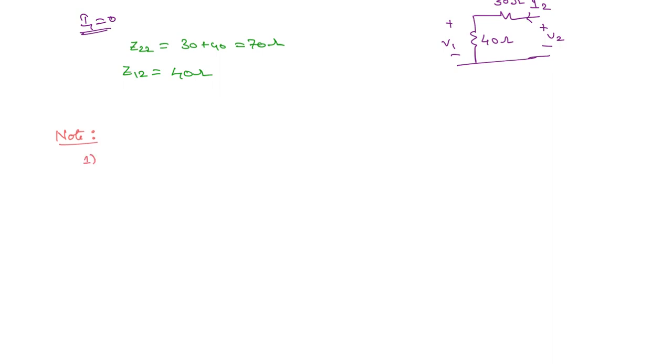The first point here is if you have an impedance like this, let the impedances be ZA, ZB and ZC. Then Z11 is ZA plus ZB, Z22 is equal to ZB plus ZC, and Z12 is equal to Z21, which is equal to ZB.